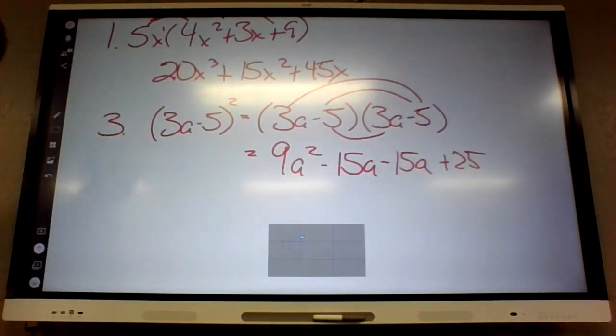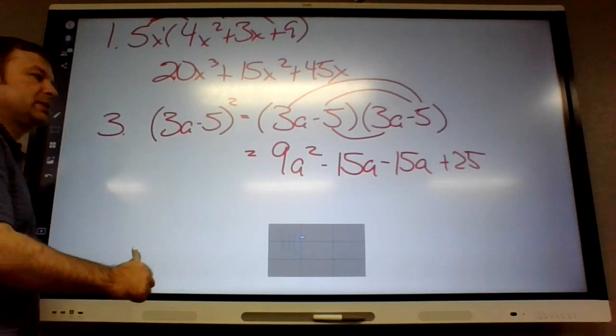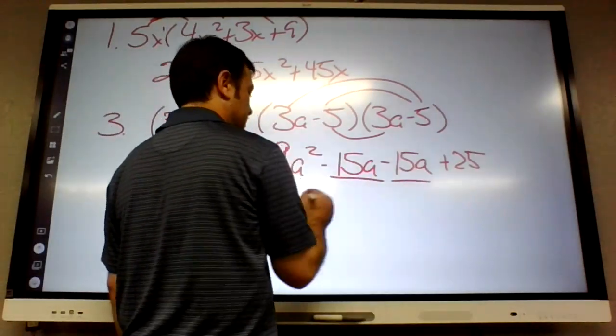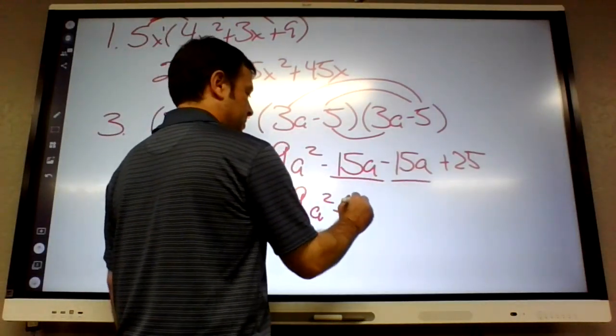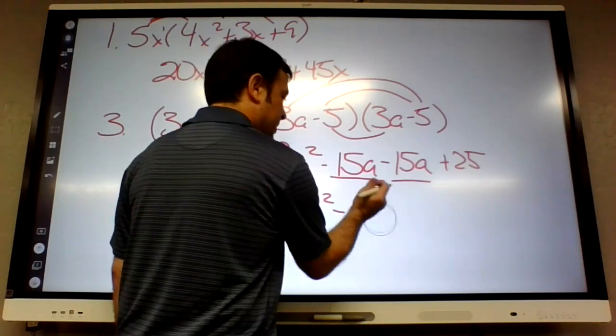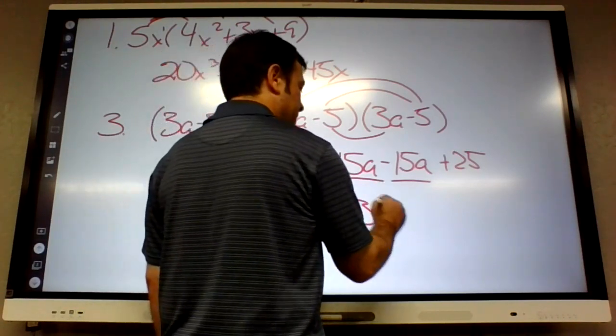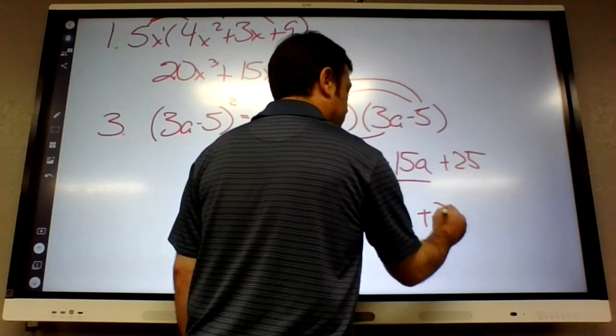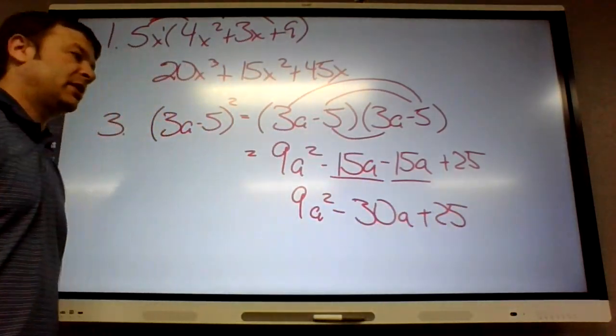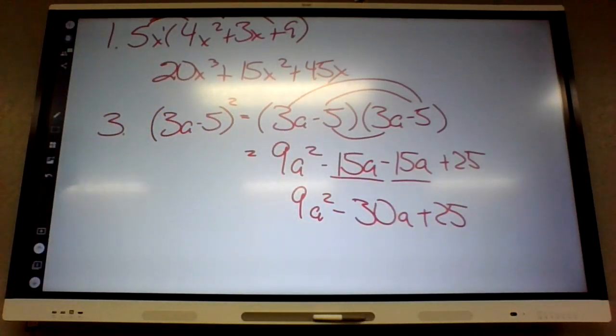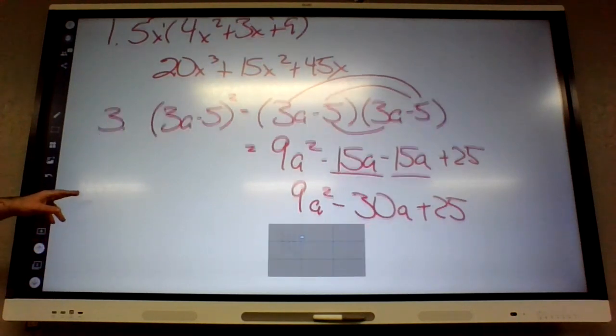And then after you're done multiplying, add the like terms. Notice, negative 15 minus 15 is negative 30. Notice when you add those together, the exponents do not change. That's only multiplying.